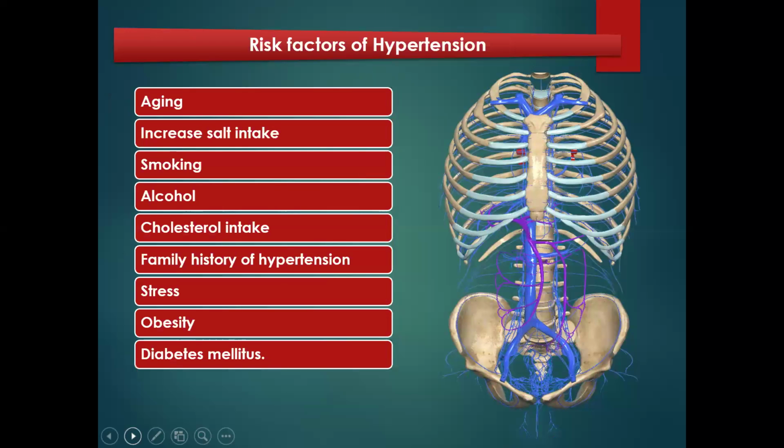What are the risk factors for hypertension? Aging. As somebody starts to get older, the arteries tend to harden for reasons of aging. The tissues are degenerating, and also for reasons of atheroma buildup.